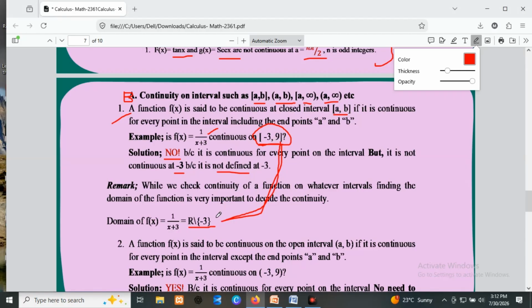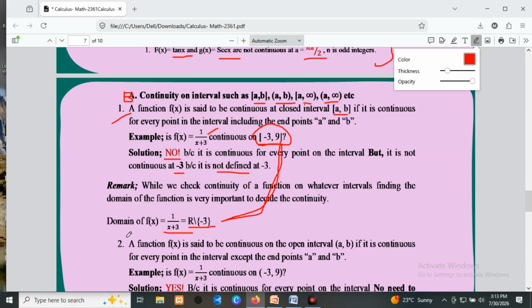That is what you have to be aware of always. Checking continuity, indirectly you have to calculate the domain of the function. If you know the domain of the function very well, it's not a problem to check whether it is continuous or not. So if you look at this function 1 over x plus 3, its domain is all real numbers except minus 3, but I'm asking including minus 3. So at that time you say not continuous, because at minus 3 it is not defined.